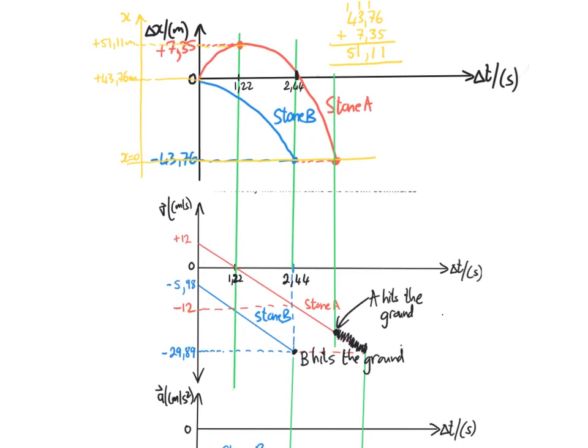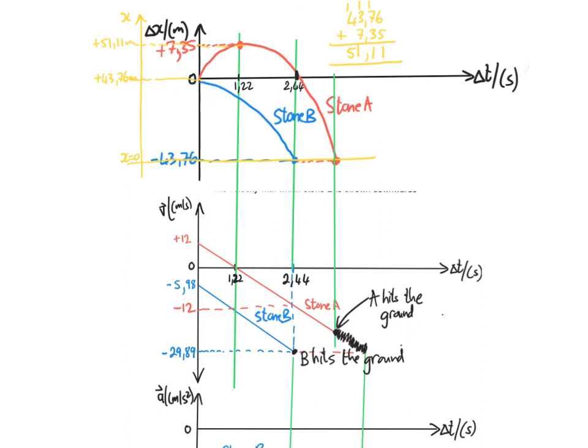With stone B, we see that it starts at 43,76 meters above the ground. It doesn't have an initial velocity of 0. It has an initial velocity of minus 5,98 meters per second.